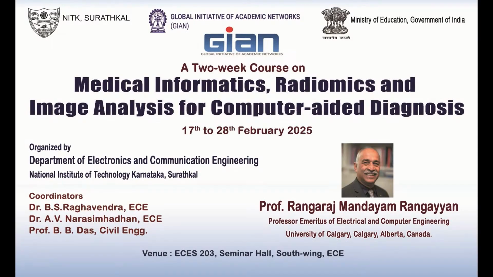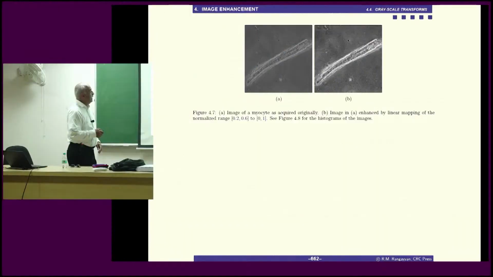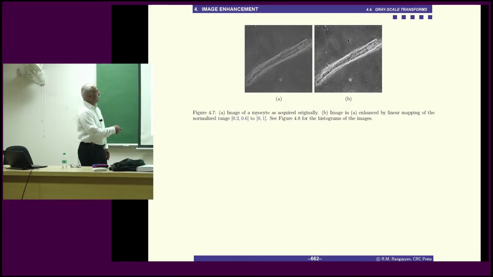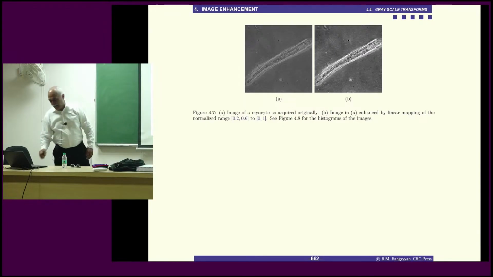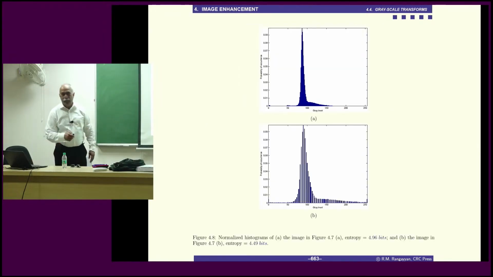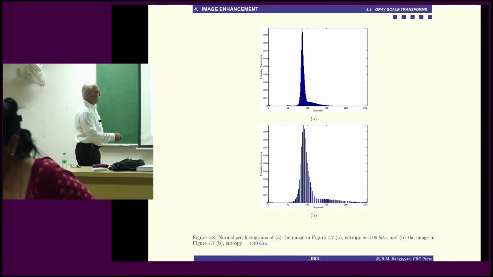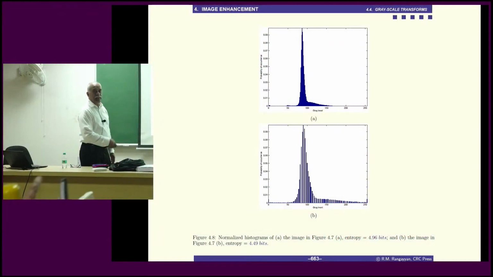Of a myocyte, the original image was a bit dark. So just by linear stretching 0.2 to 0.6 to 0.0 to 1, on a normalized scale of 0 to 1, you can achieve some enhancement of the contrast and brightness. But if you look at the histogram, this is the original histogram, and after stretching, you have many unoccupied levels in the histogram.